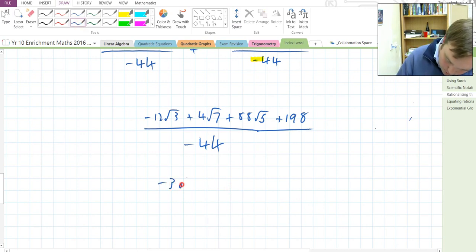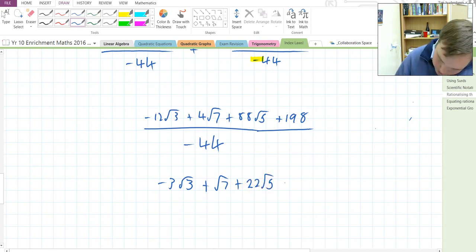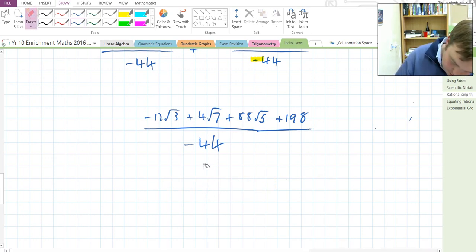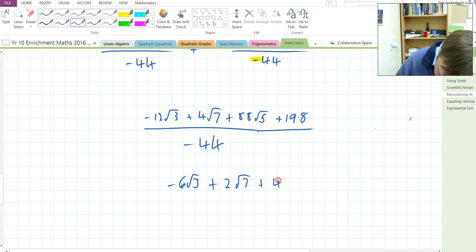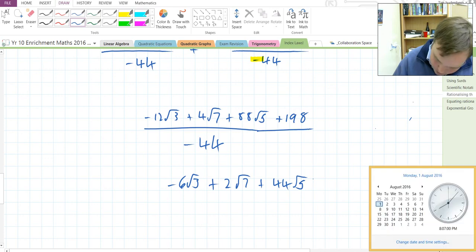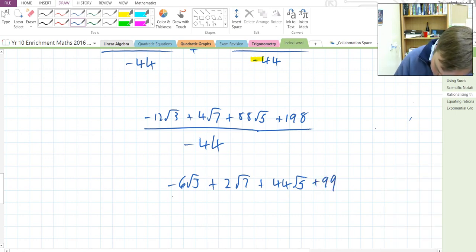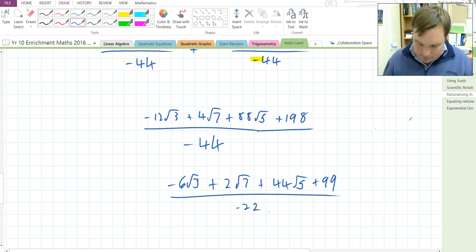So minus 3 root 3 plus root 7 plus 22 root 5, 198 divided by 4. Yuck, doesn't go. 4 doesn't work. 2 definitely works. Minus 6 root 3 plus 2 root 7 plus 44 root 5, 198 divided by 2 is 99, over negative 22. And we will leave that there.